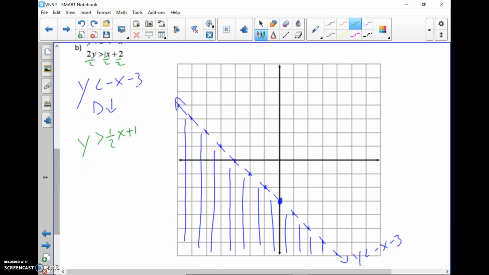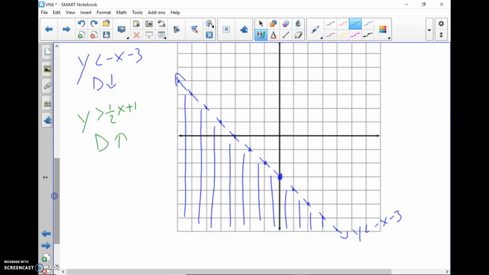This is also dotted, but this time above. It's not equal to, so it's dotted, and it's greater than, above. So start at 1 and go up 1 over 2. Same pattern, opposite direction. And while I'm drawing the second inequality in green, I'm completely ignoring the first inequality in blue. Now I'm shading above here.